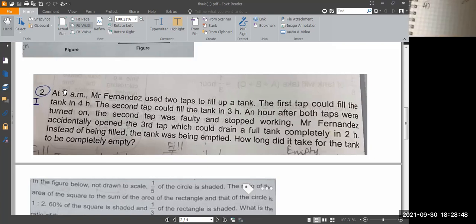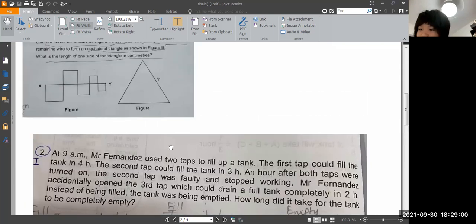You just circle the question that you have completed. Question 2, done or not yet? Not yet. Oh, okay. So basically you finished up to here, the figure here.